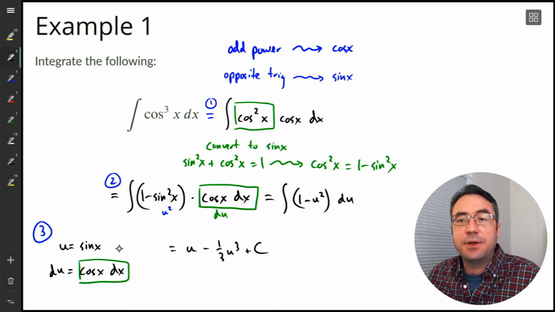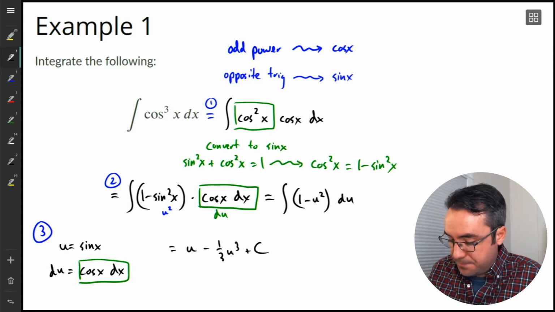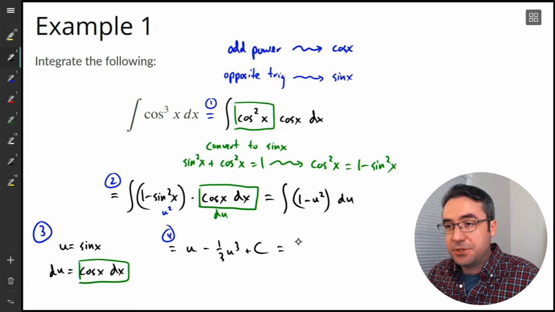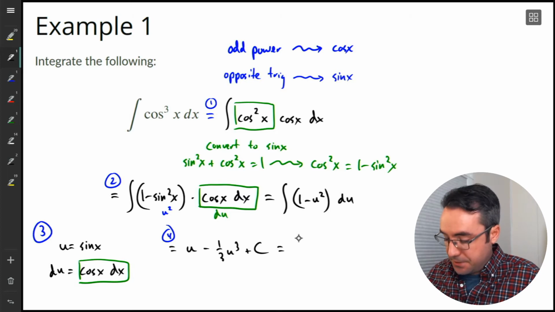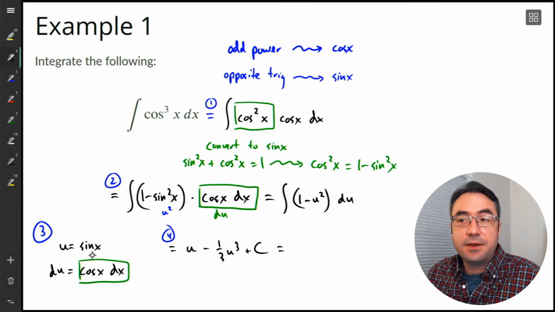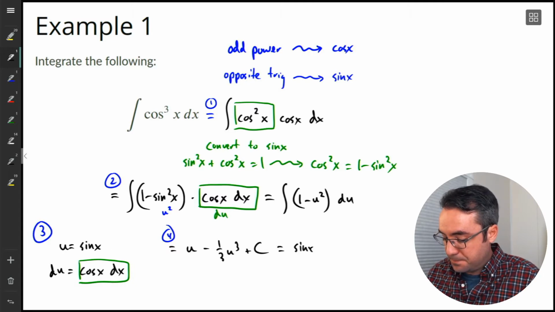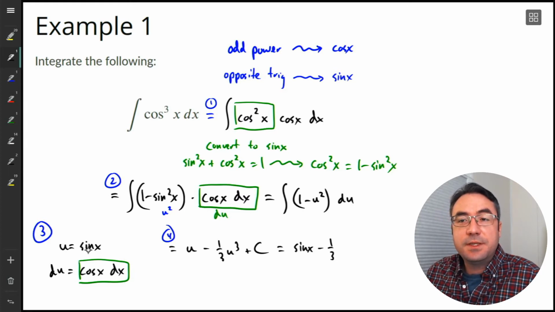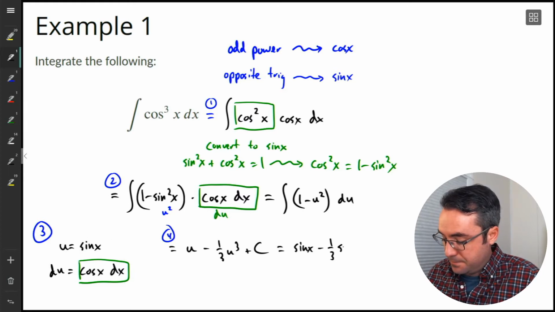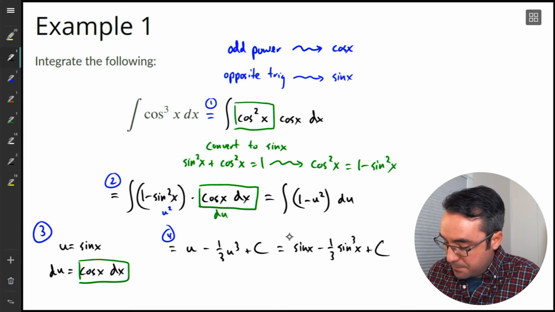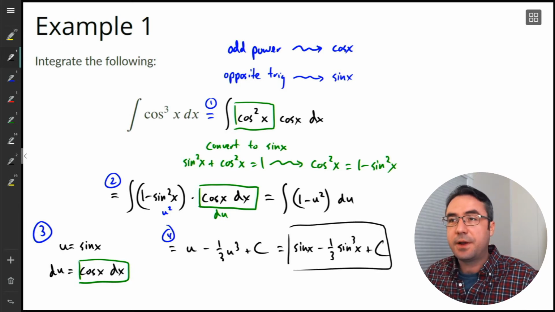The only thing left to do now is to convert back to the original variable. That's our last step, to just finish the integration. So when we convert back, the u term becomes just sine of x. Then I have my minus 1/3. And then instead of u cubed, it's going to be sine cubed. And then we have our plus c. And there we go. We found our antiderivative.